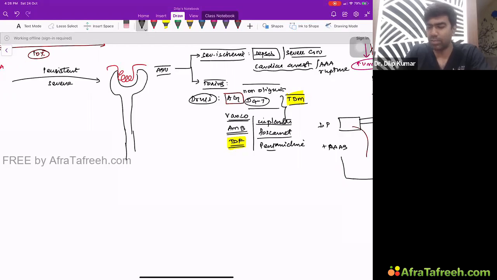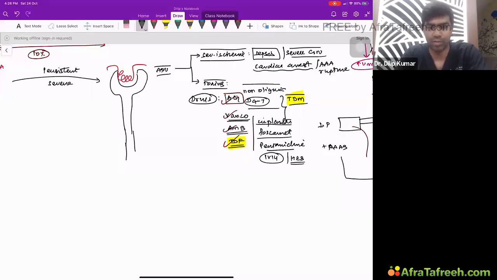You can get it with pentamidine, and probably some patients with IVIG. I have experienced some forms of AKI. You can get it with IVIG, and some solutions we use, HES, hydroxyethyl starch. So this also can result in development of AKI. But as far as I know, in exams, these are the 4 drugs that you need to know: aminoglycosides, amphotericin B, vancomycin, and tenofovir disoproxil fumarate.